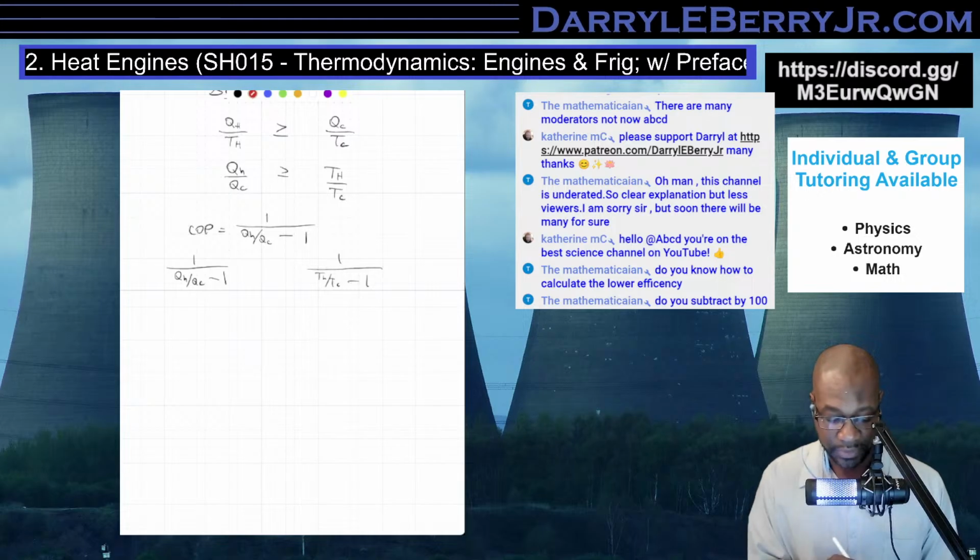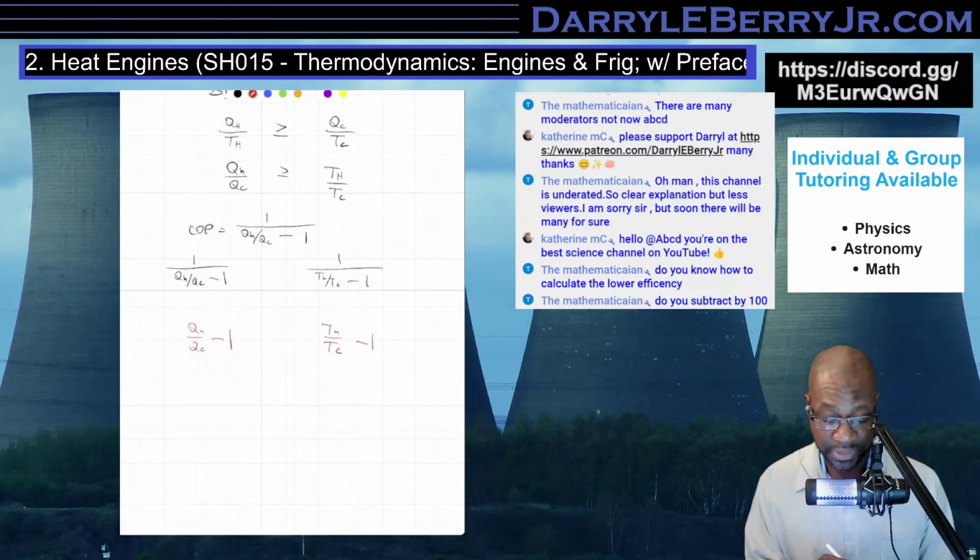I'm going to write this in a different color. QH over QC is going to be bigger minus 1. And we have TH over TC minus 1. So if QH over QC is bigger, let's subtract a number, this is going to be bigger.